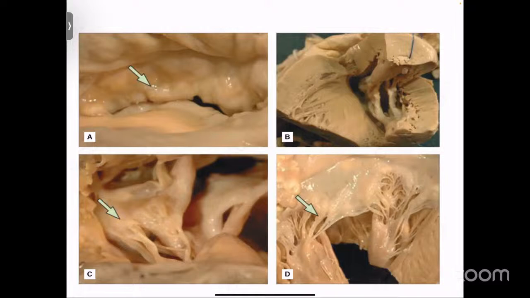You can also appreciate that the whole subvalvular apparatus is thickened and fused altogether. All of these pathological changes can be compared with the right lower image, showing a healthy subvalvular apparatus and healthy annulus.